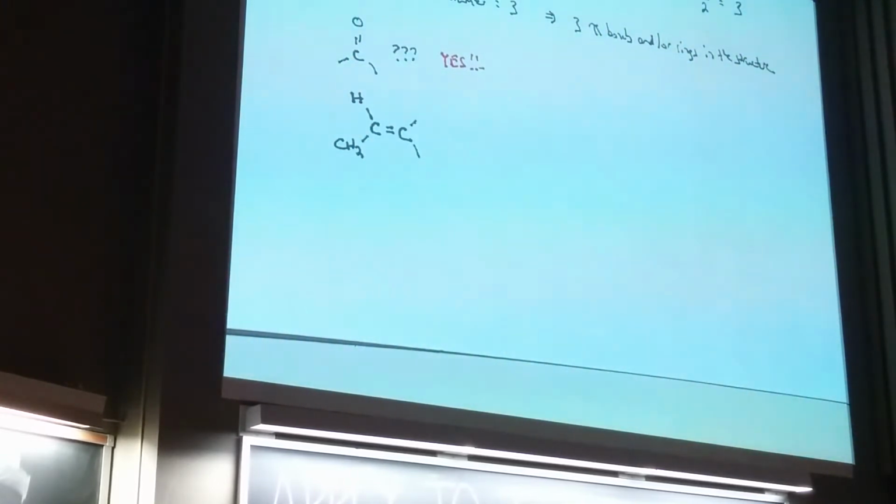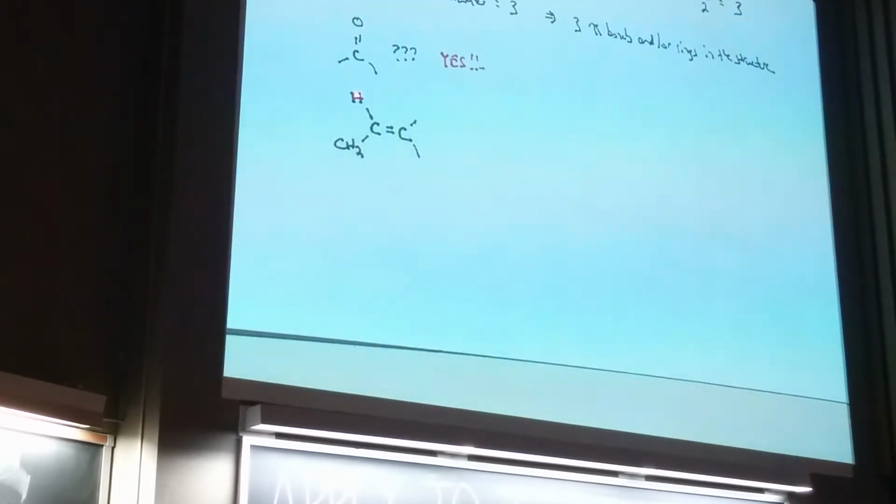Each bit of information is like a piece of the puzzle. Well, the fact that we have a chemical shift that is consistent with the presence of a vinylic proton, the fact that there's only 1 proton producing that signal, and the fact that that signal is a triplet, must mean that we've got a fragment that looks like this in the structure. Now I've accounted for 1, 2, 3, 4 carbons.